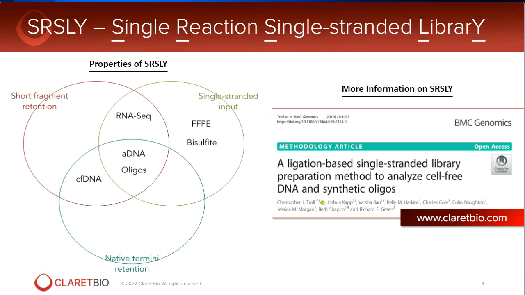I'll go over what the library prep is and how it functions in the next slide, but right now I just want to discuss the properties of SRSLY, specifically that, as it says in the name, the input to the library prep is single-stranded DNA, whether it's been denatured from a duplex or it is naturally single-stranded.